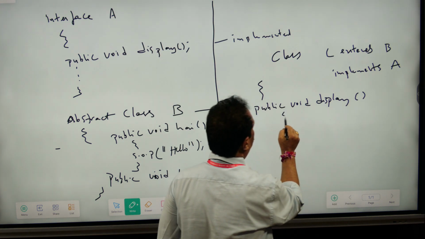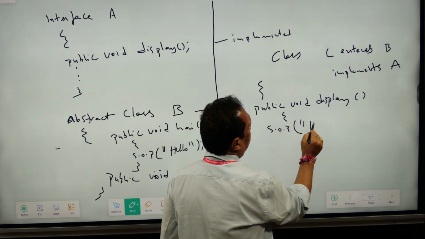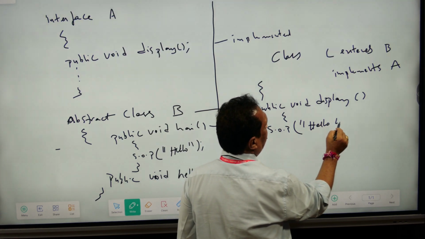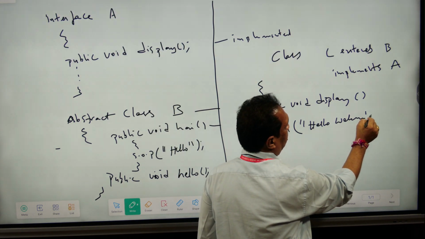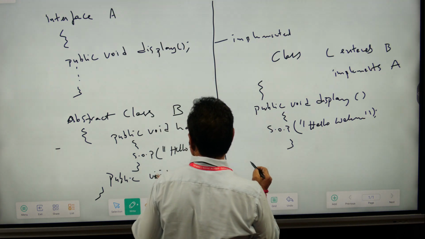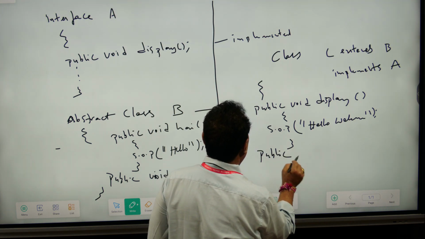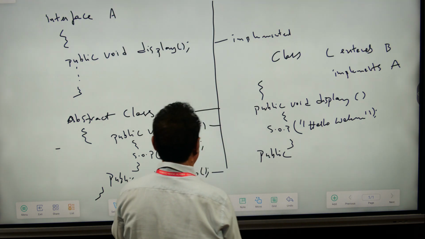Public void display, System.out.println, hello welcome. And we have to define the method for the other abstract method, that is hello.